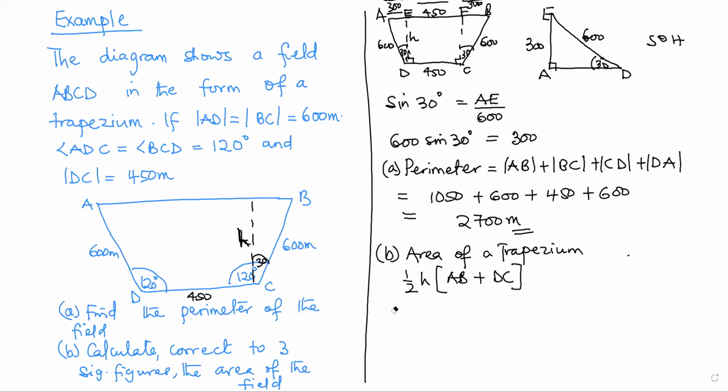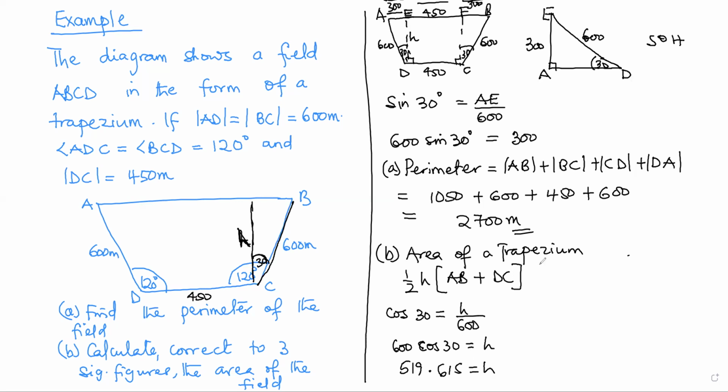We now want to find the height. So cos 30 is equal to the height, which is the h here, over the hypotenuse, which is 600. So when you cross multiply, we have 600 cos 30 to be the h, and 600 cos 30 gives us 519.615. So this is the height.